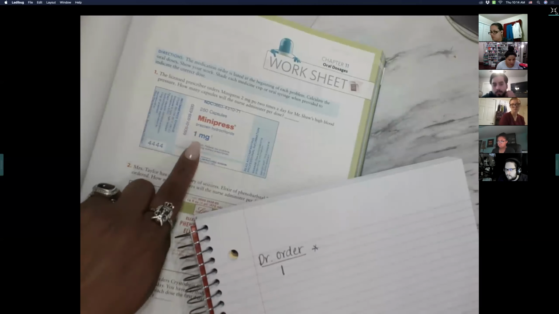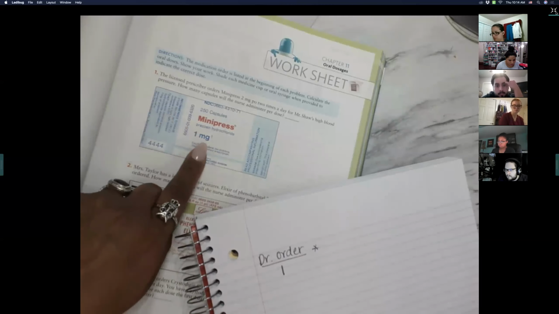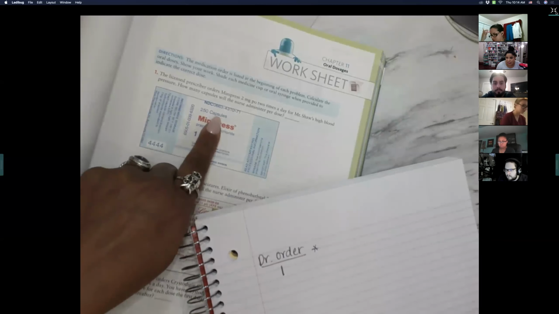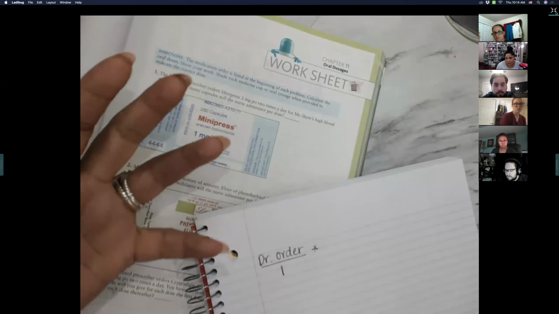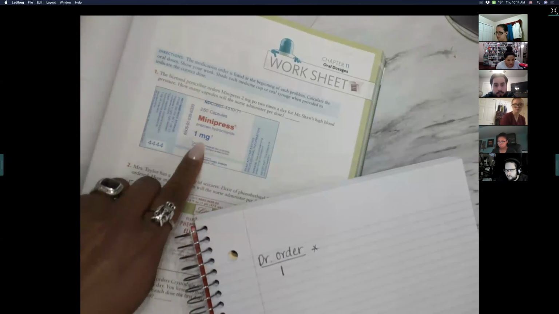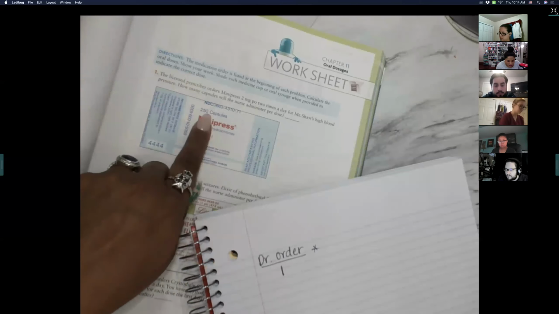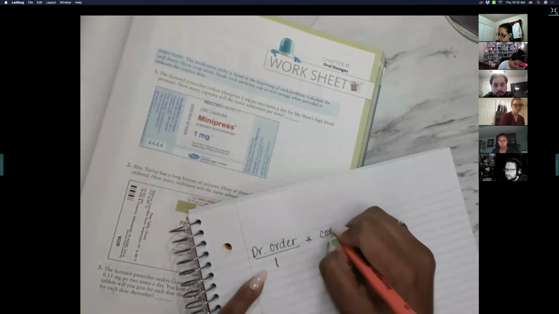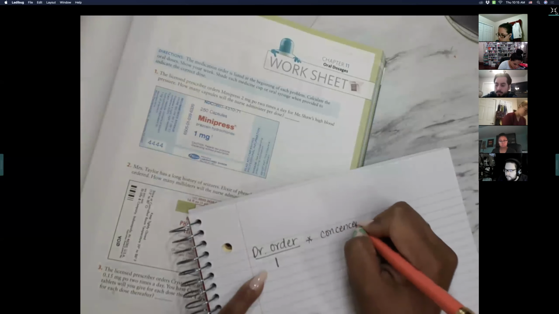Okay, so there's your medication dose. The label is telling you the form of the medication is in capsules. We're assuming this is a label on like an ibuprofen bottle or something like that, right? It's telling us in that bottle there's 250 capsules available.